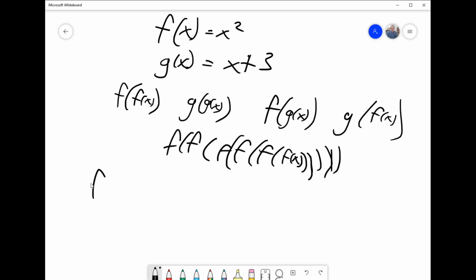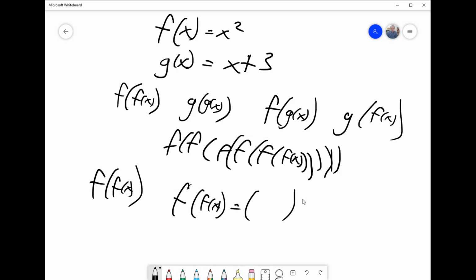So in this case, f of f of x means we start by taking our outer function, which is x squared, but instead of squaring x, we're squaring f of x. So now we substitute for f of x. We have x squared squared, or x to the 4th.